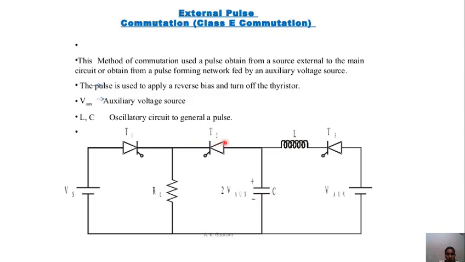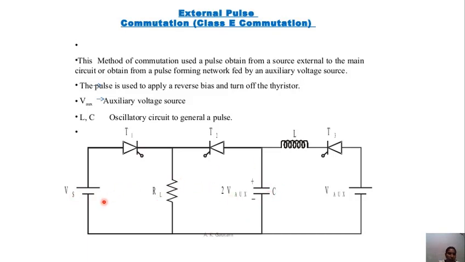Now to turn off T1, we trigger T2. If you turn on this T2, this capacitor starts discharging. You can see that across this main thyristor we get a voltage equal to Vs minus 2V auxiliary.